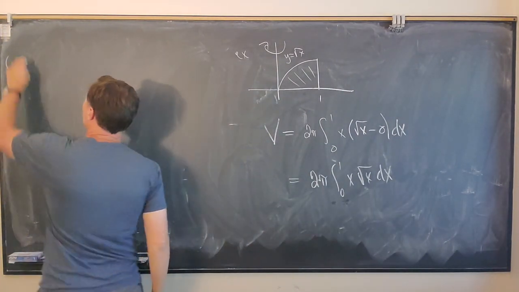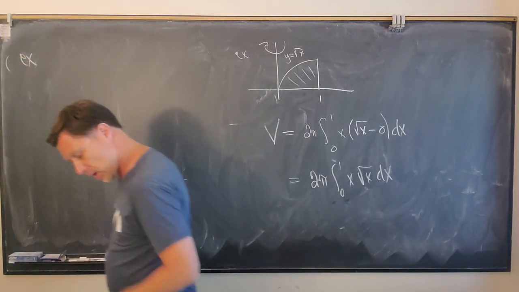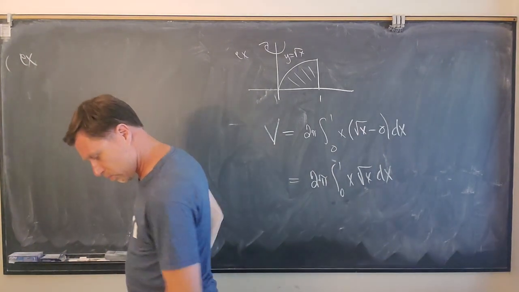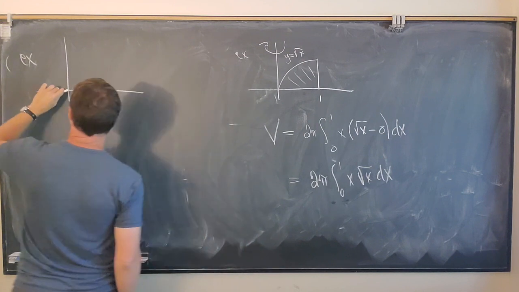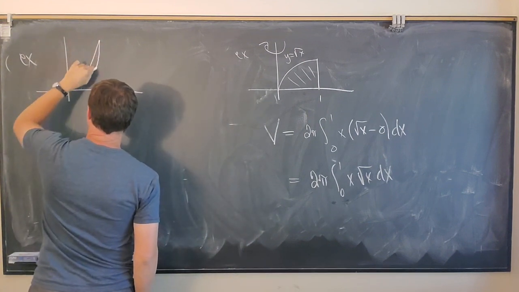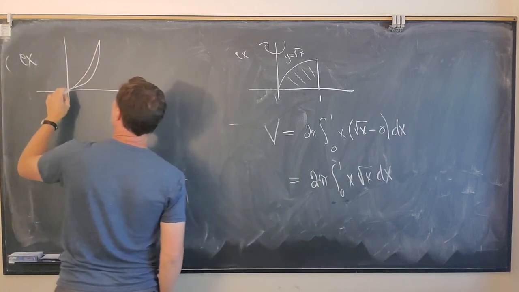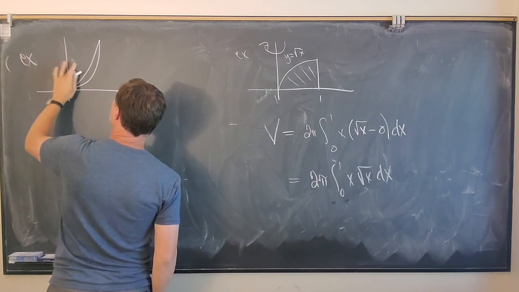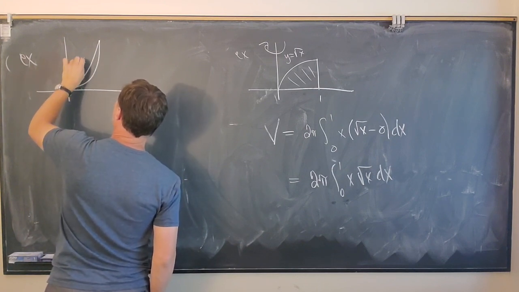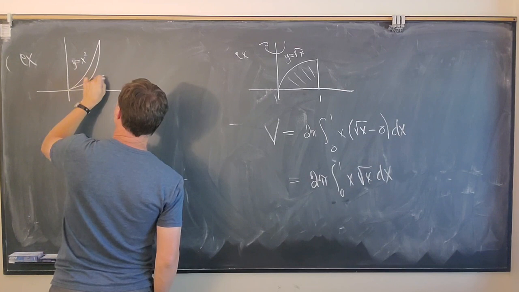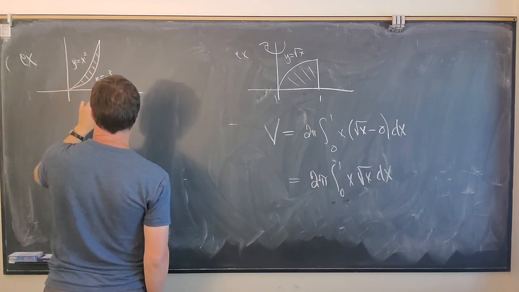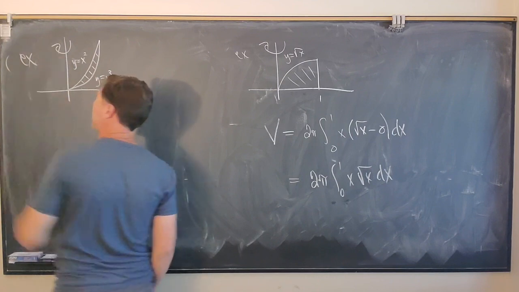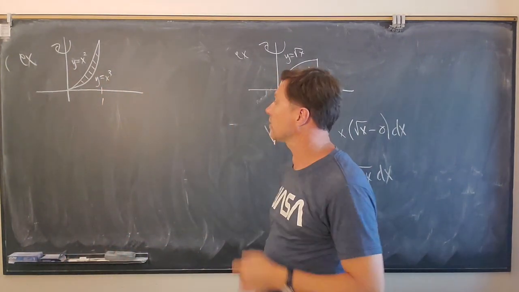So another example. Remember this one, we've seen this little sliver before. So this upper graph is y equals x squared, and the lower one is y equals x cubed. Now I'd like to take this little shape and revolve it, instead of about the x-axis, about the y-axis.